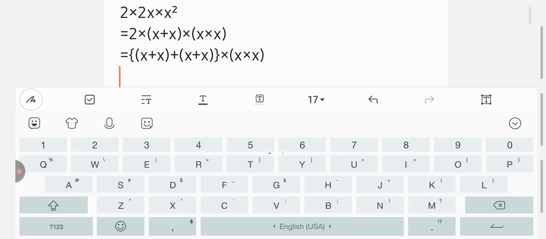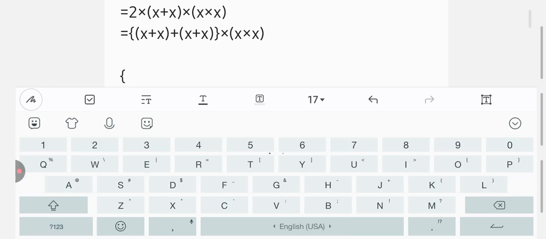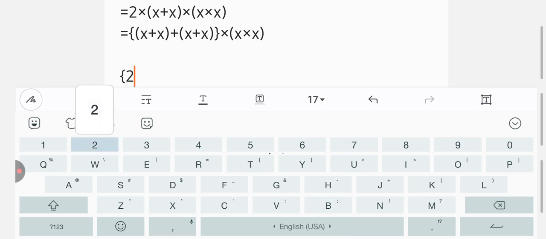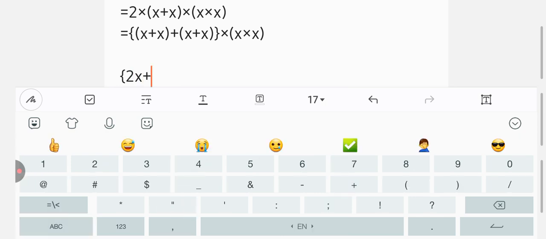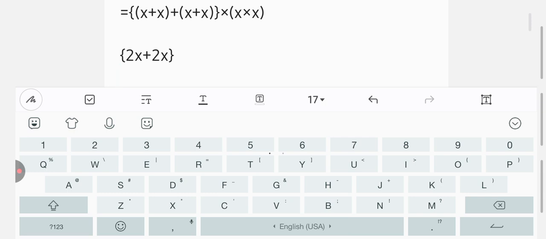Now let me show you by simplifying it. When you have bracketed this thing over here, let's first simplify inside the first bracket. So we get 2x plus 2x. Now I'm just simplifying the bracketed x plus x plus bracketed x plus x, which is also second bracketed and multiplied with 2.